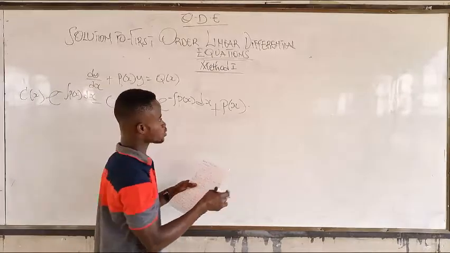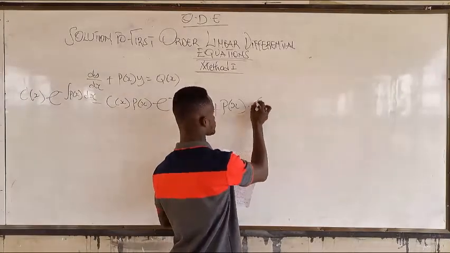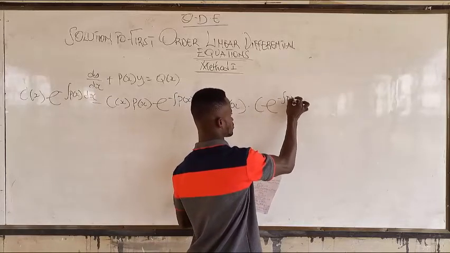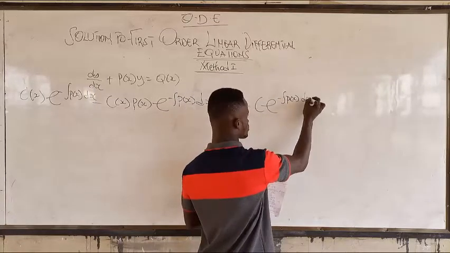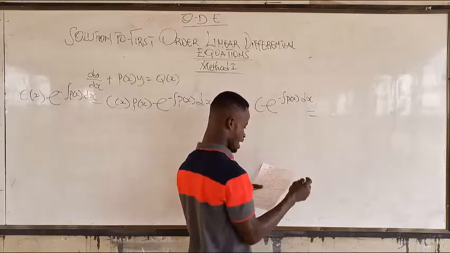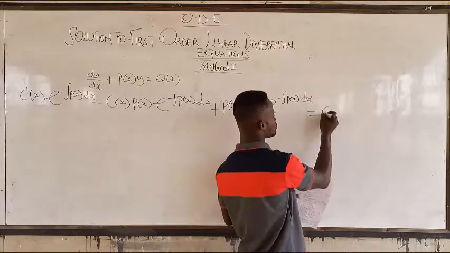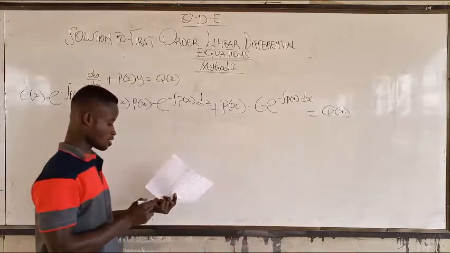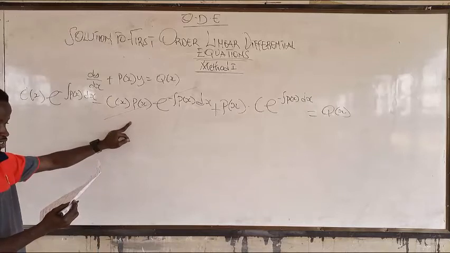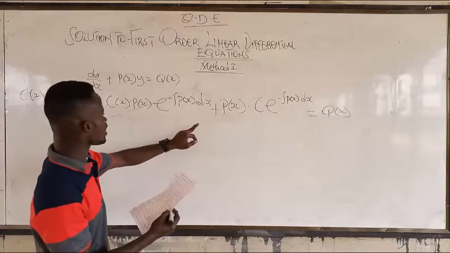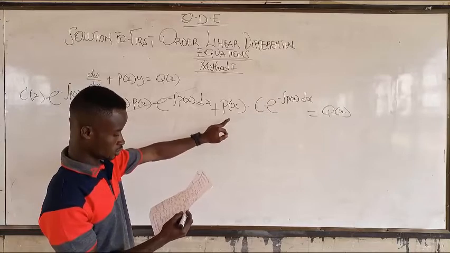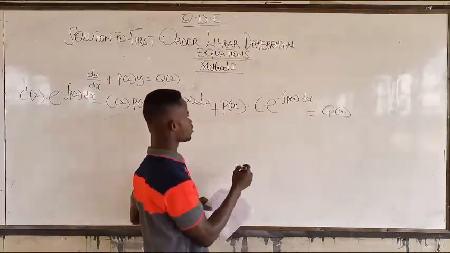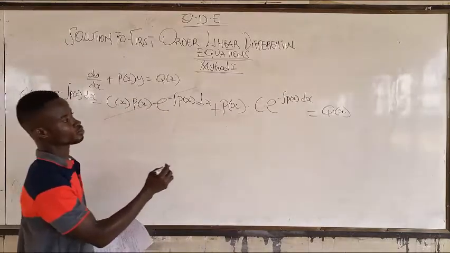And we know the y to be this, then we equate that to q of x. You can see that the whole of this is going to cancel the whole of this.